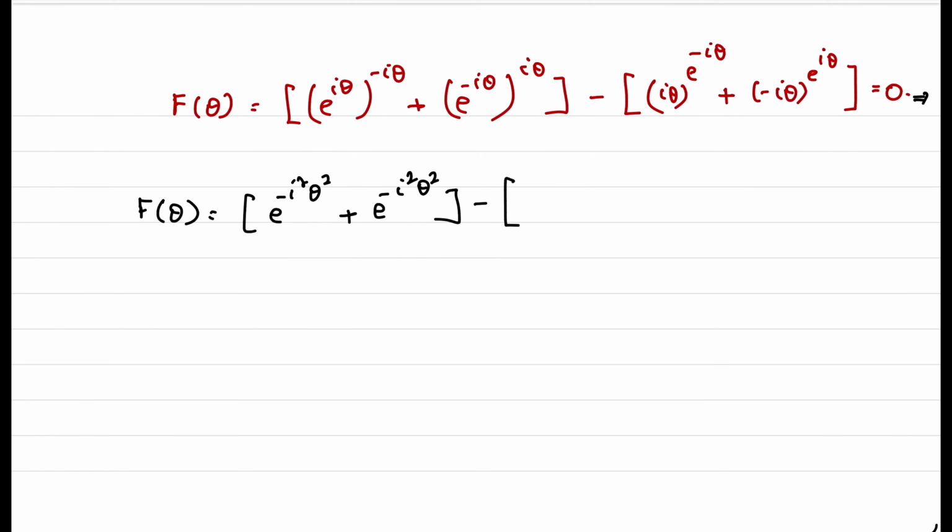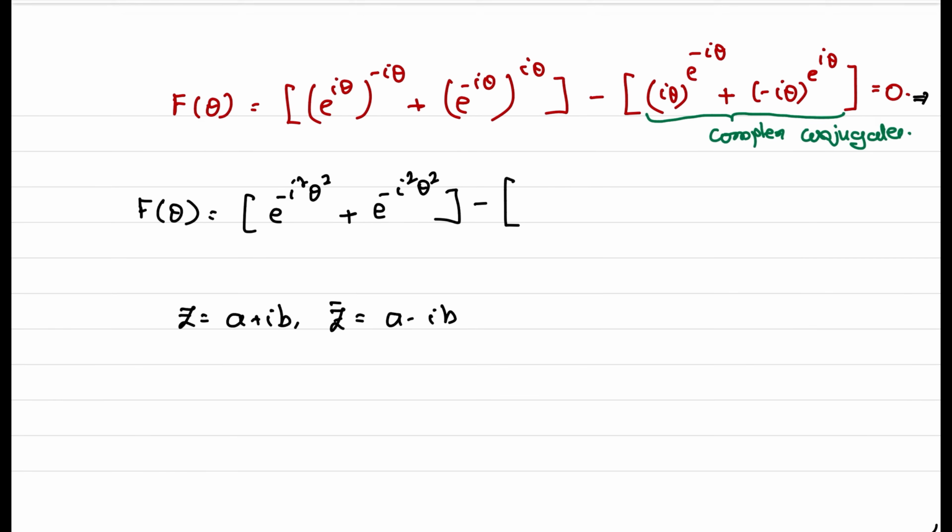You just see, these two are complex conjugates. In case of complex conjugates, if z is equal to a plus ib, z bar is equal to a minus ib, which implies z plus z bar is equal to 2a.